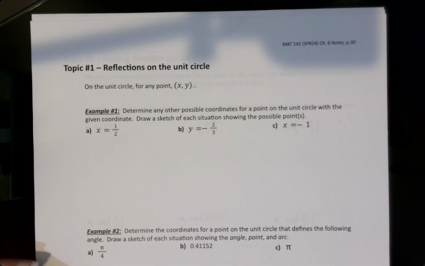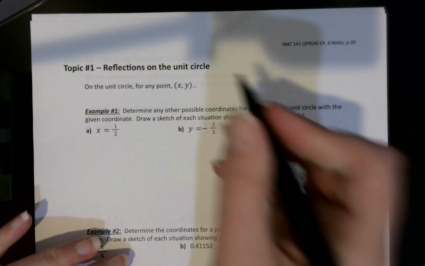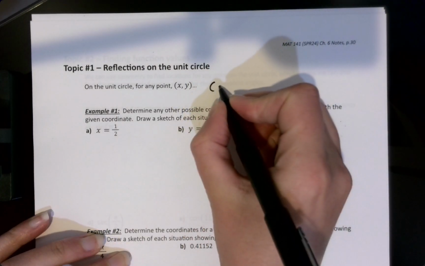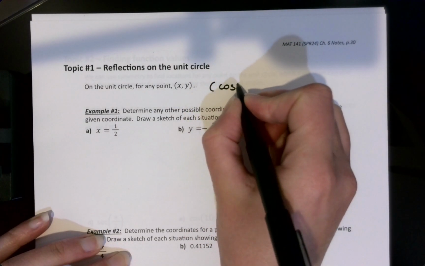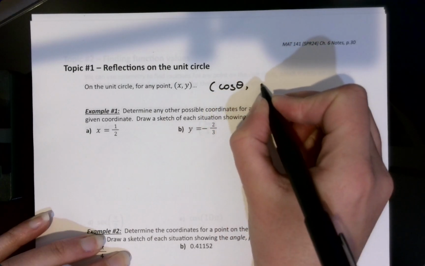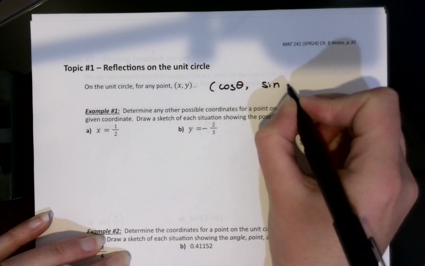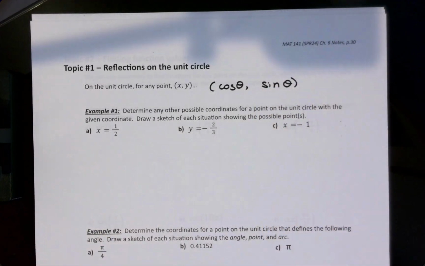Okay. On to the next page, topic 1, we're going to do some reflections on the unit circle. So on the unit circle here, for a point x comma y, we know that we have the cosine of an angle, comma, the sine of an angle.